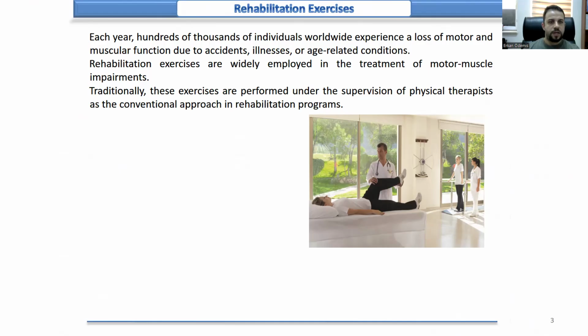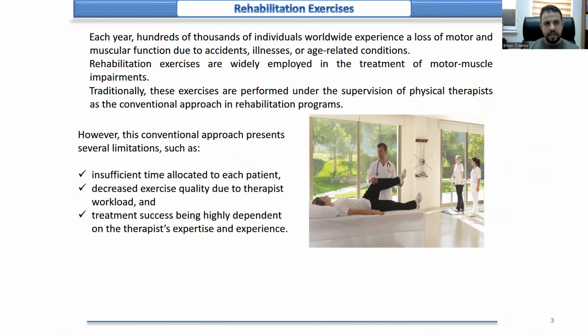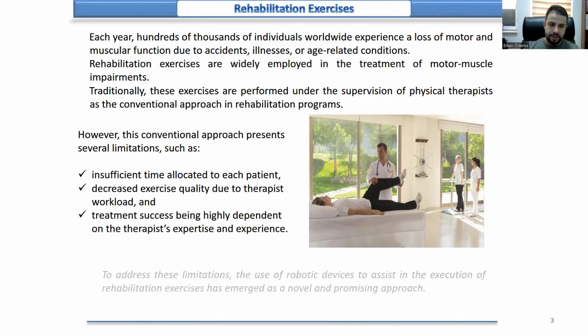Traditionally, these exercises are performed under the supervision of physical therapists as the conventional approach in rehabilitation programs. However, this conventional approach presents several limitations, such as insufficient time allocated to each patient, decreased exercise quality due to the therapist workload, and treatment success being highly dependent on the therapist expertise and experience.